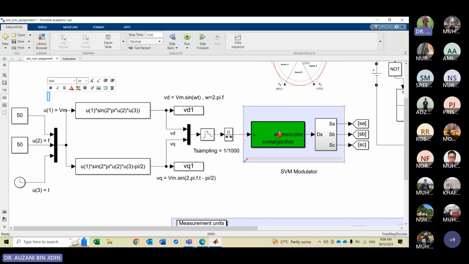Since your VDC from the assignment given is 120 volt, so here your VM max is what? Ini soalan test tadi. From the test question, VDC divided by square root of 3. Siapa jawab ni betul?